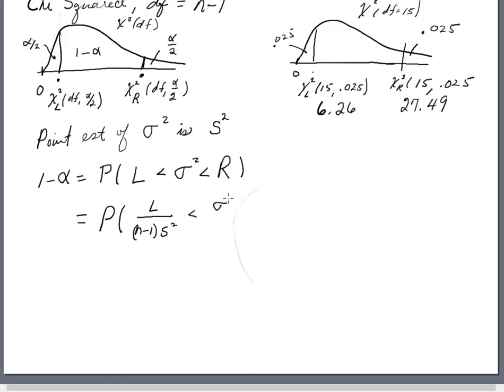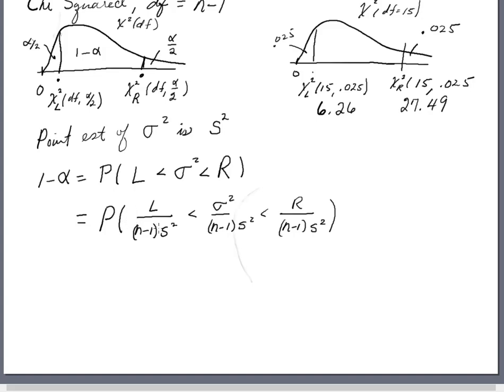And if I do that for each member, I'll get an inequality that looks like this. It's less than our right-hand endpoint to be determined, but n minus 1 s squared, and close the parentheses. Now, since these two inequalities describe exactly the same set, if this inequality was equal to 1 minus alpha, then so is this probability equal to 1 minus alpha.